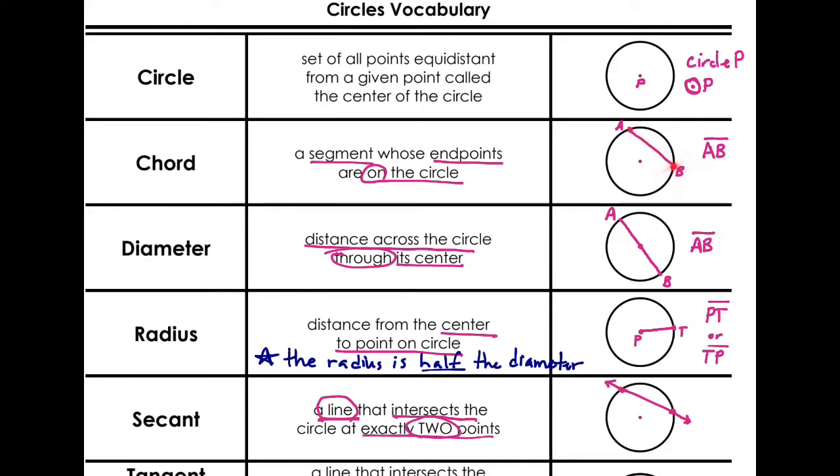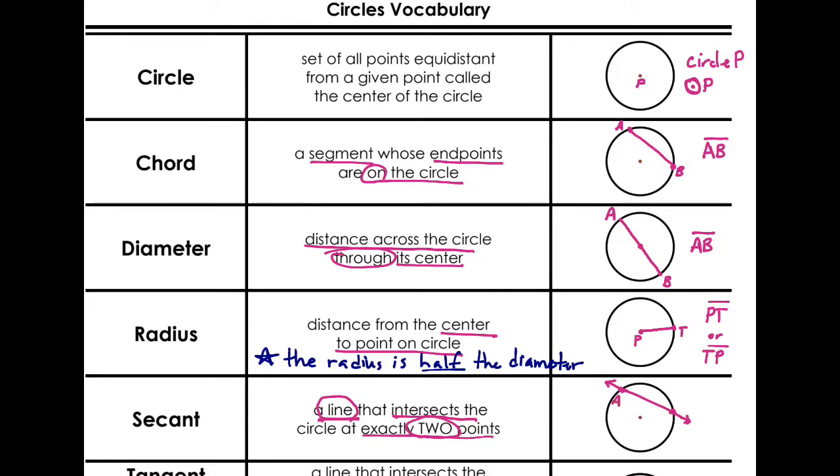It has endpoints on the circle's edge. So that is the difference between a chord and a secant. A secant goes on in both directions, or basically it's a line. And because it's similar to a chord, once again, the notation is very important.